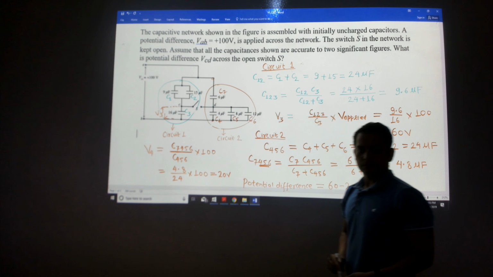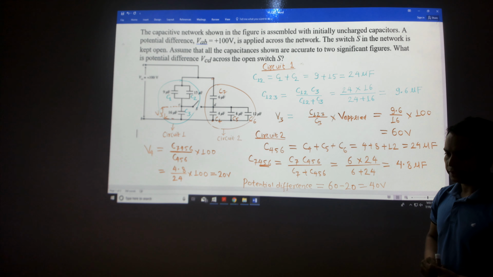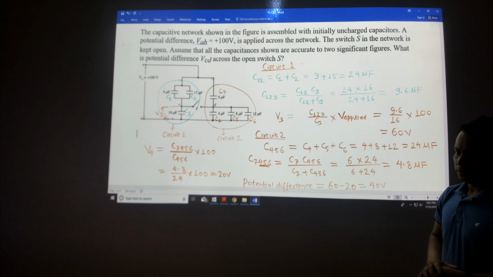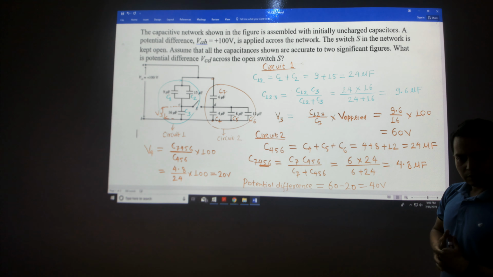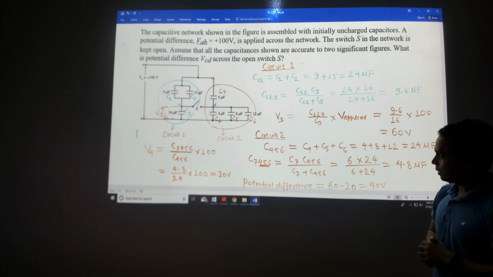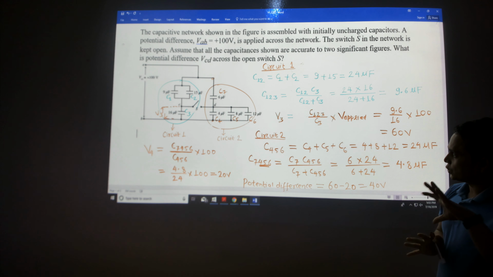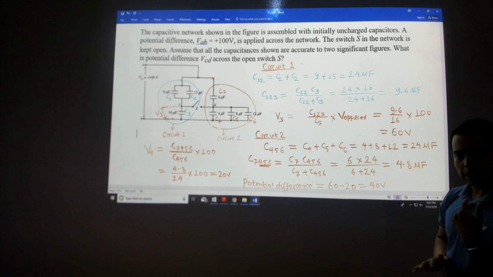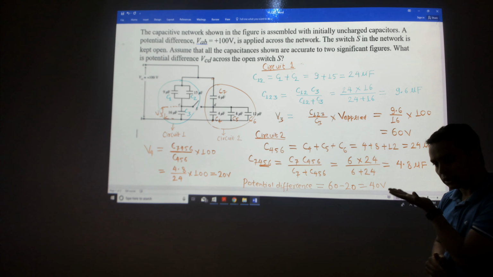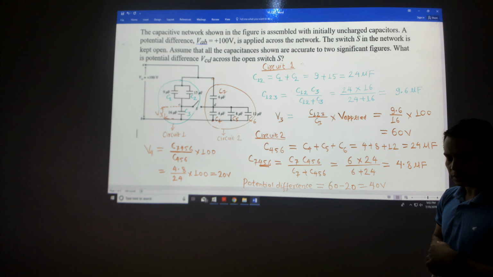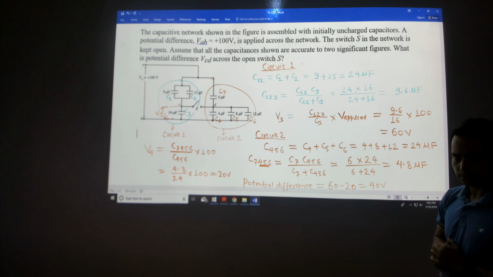Although this sounds like a very complicated problem, it is not. We just divided the problem into two circuits, analyzed them separately, calculated the potential across one capacitor and then across the other, and took the difference, which gives you the potential difference. Alright?